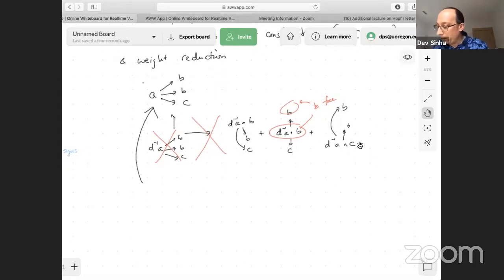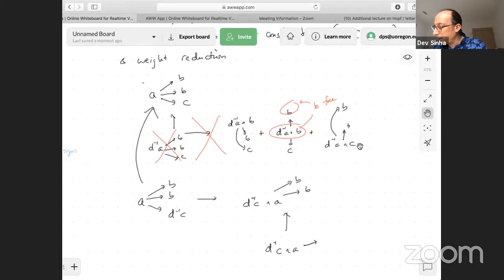So this is hit by the following thing as well, D inverse C, B, B. And then I've got one edge to contract, and I get D inverse C wedge A, B, B. Now I'm going to pick on one of these B's. This is the same weight reduction we did before. So I'm going to take D inverse C wedge A, to D inverse B, to B.